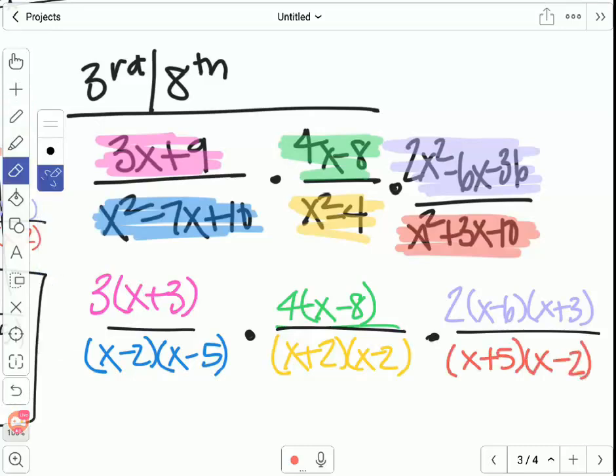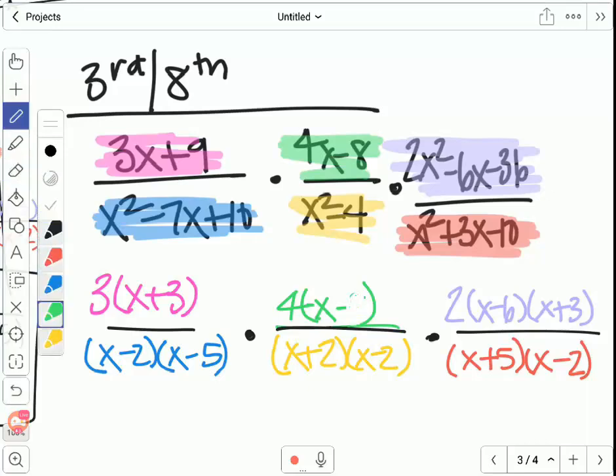Oops, I made a mistake. I'm sorry, that should not be an 8 there, that should be a 2. Okay, hopefully that's better. I think that's right.